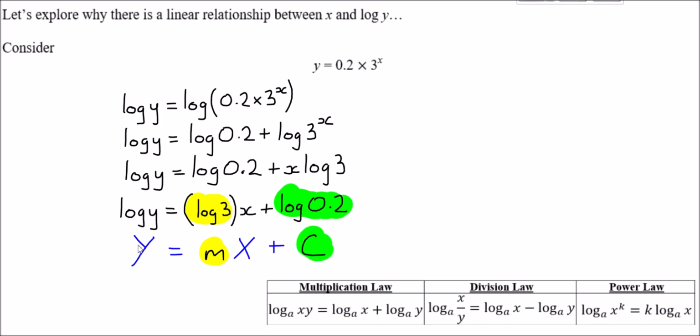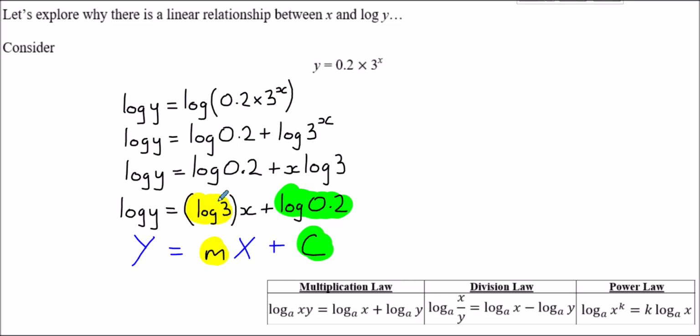And you know from now that y equals mx plus c is the very equation of a straight line graph. So here the gradient is log 3, and the y-axis intercept of our graph was log of 0.2. So now we can see why, if we graph log y equals log 3 x plus log 0.2, it gives us a straight line graph.